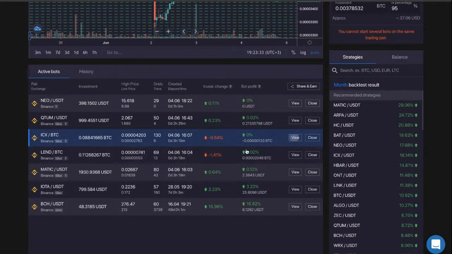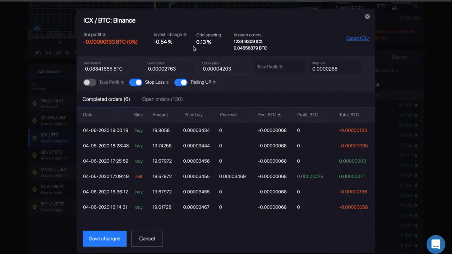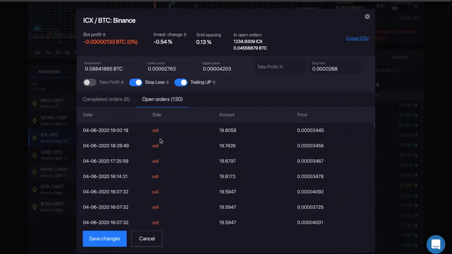And when you click on the view button, you can also see more detailed information regarding this open bot. You see the amount of completed orders here, and most importantly, you see all of the open orders, at which price and what is the amount.